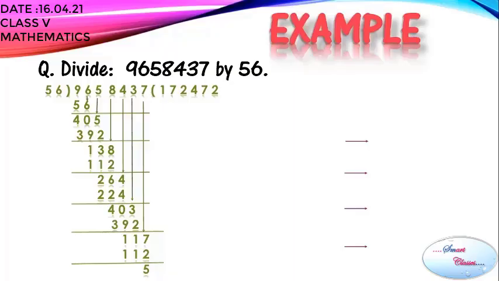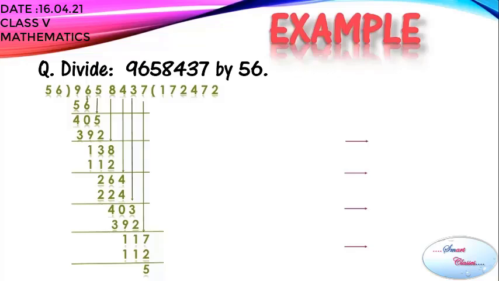Let's take another example. Here we are having large numbers. Here the number which is being divided is written over here. You can see here that we have divided it step by step. Here we have divided 96,58,437 by 56.